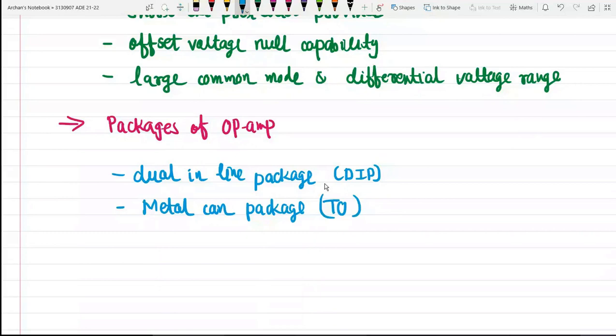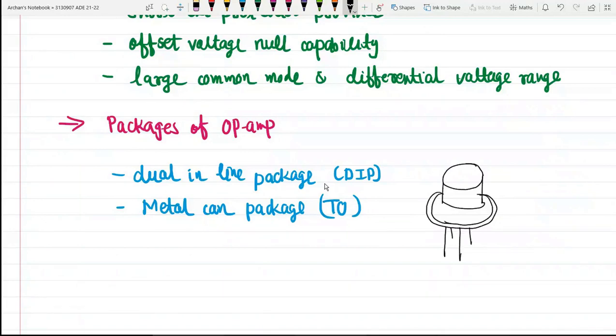Now what you will get is your IC in this particular shape. There will be a circular metal shape like this, and several pins.